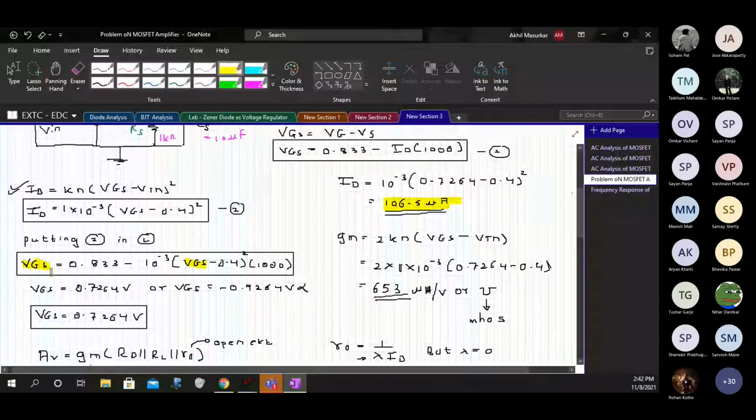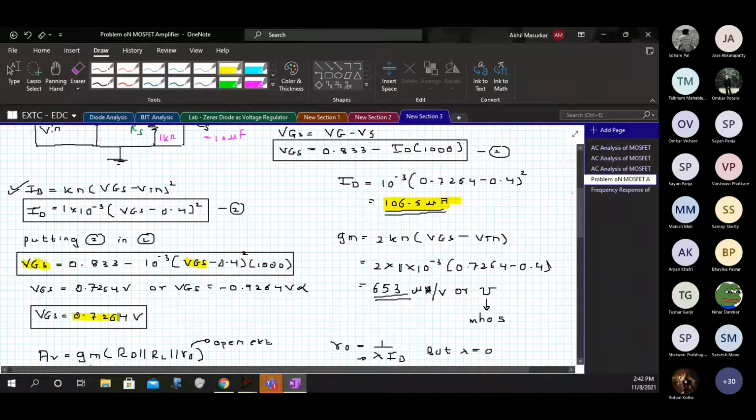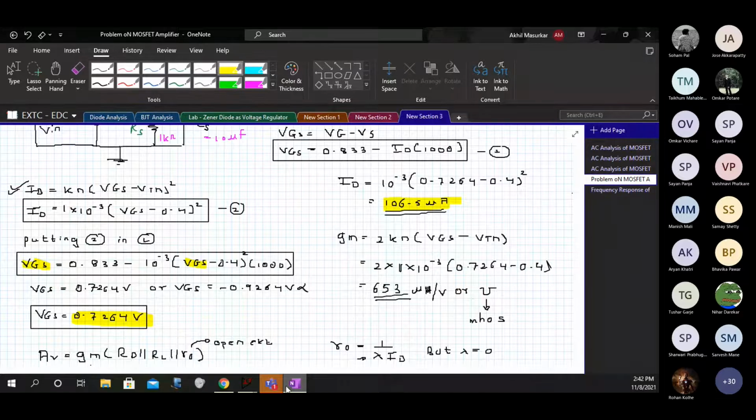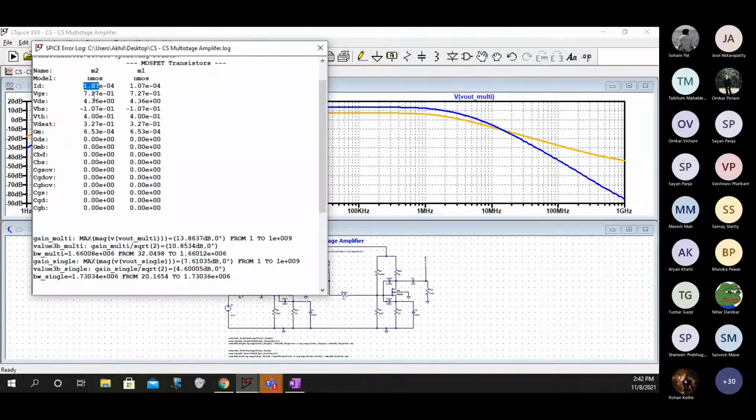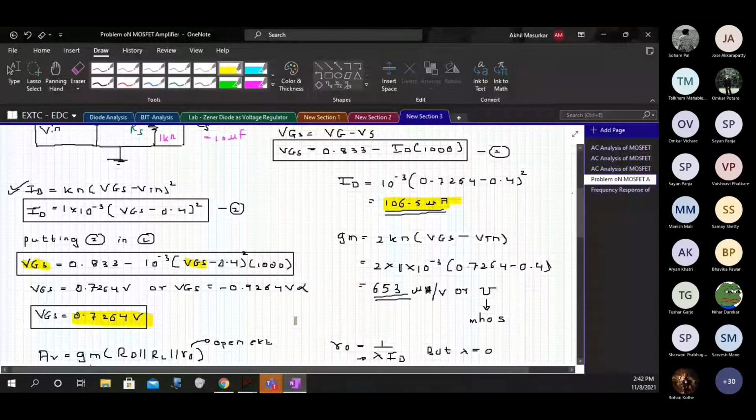Then the next value is VGS. VGS was 0.7264. Is it matching? Yes, VGS is also 0.727, because it is 10 raised to minus 1. That is correct.